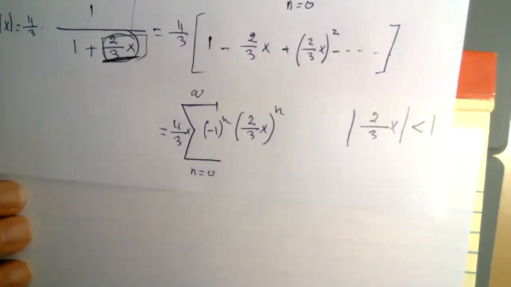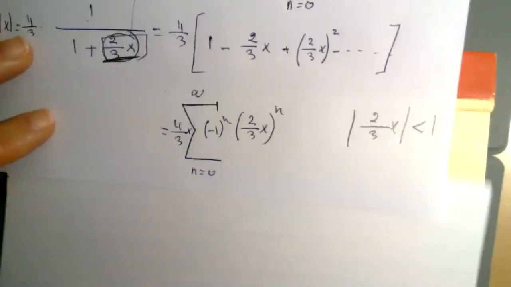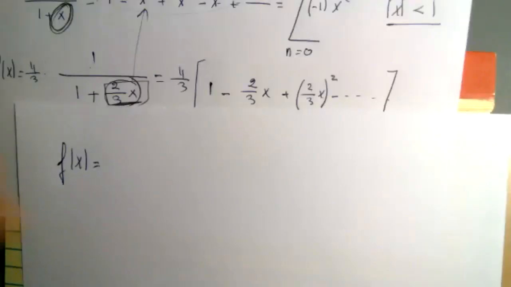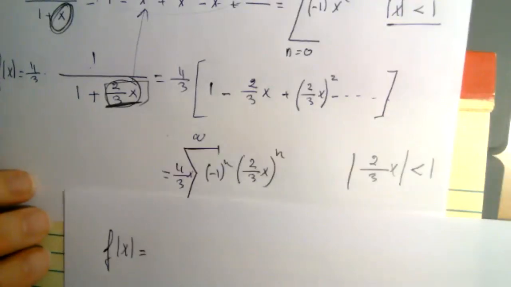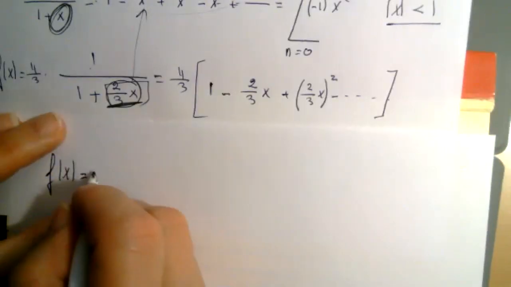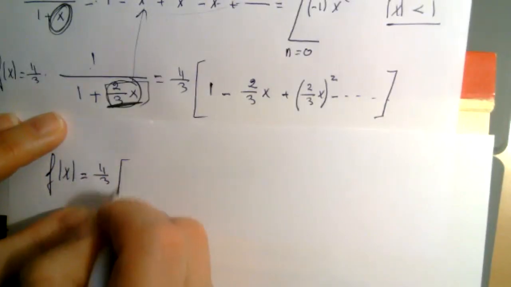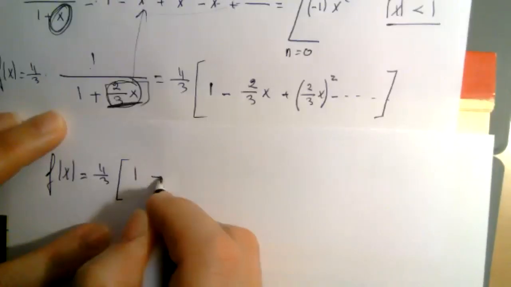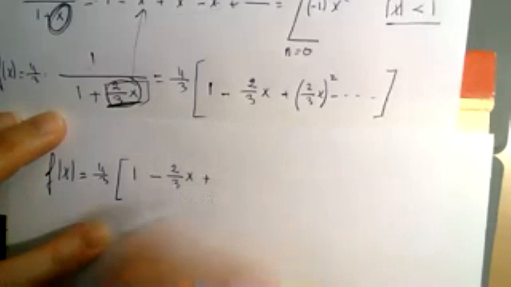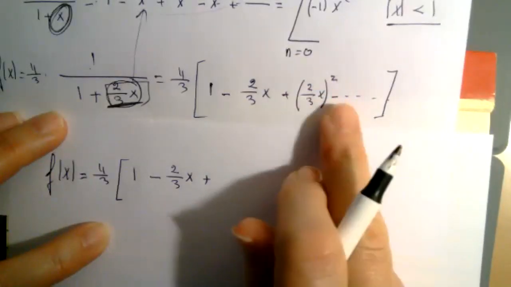So my function f of x will be equal to, okay, first with the terms and then in sigma notation. So let me focus on the terms first. It's 4 over 3 times 1 minus 2 over 3x plus 2 over 3x squared.